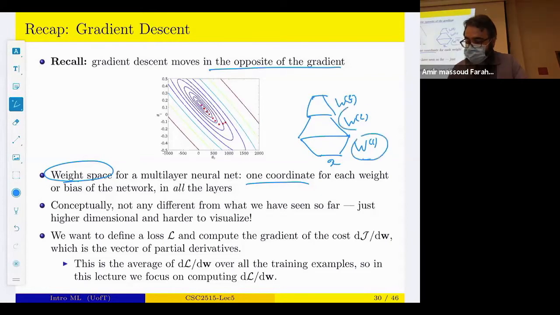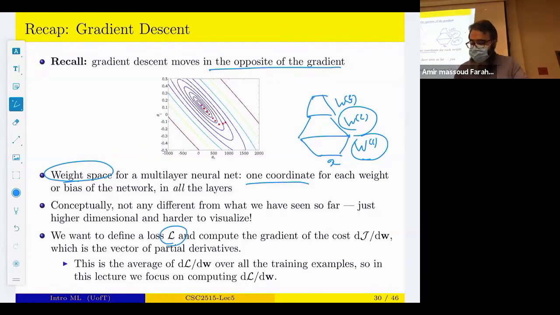All of these weights together define a, depending on the size, possibly large vector space. So we want to compute the weights, and updates in the weights happen in that space. So this is conceptual; as I mentioned, it's not very different from what we have seen before. So we just need to compute L.